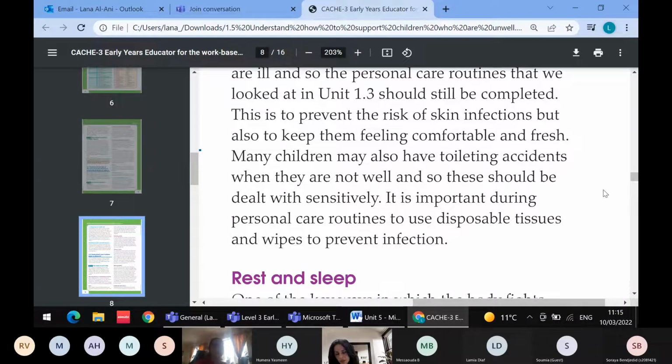So we need to act as if it's a routine. It's nothing, nothing happened. We just wipe it off. Yes, and we need to dispose of these tissues properly. Why? To prevent infection, because this could be infectious. So we get rid of these tissues properly, and also we wash our hands and the child's hands.